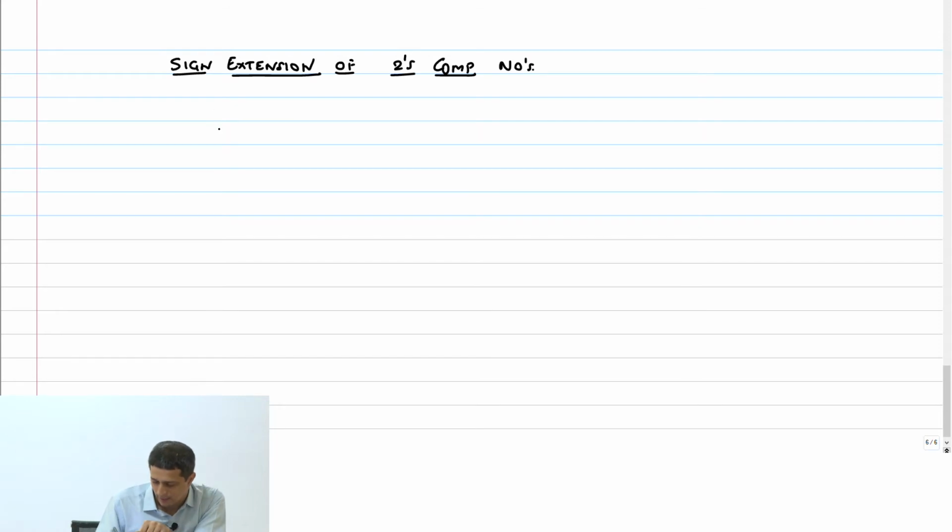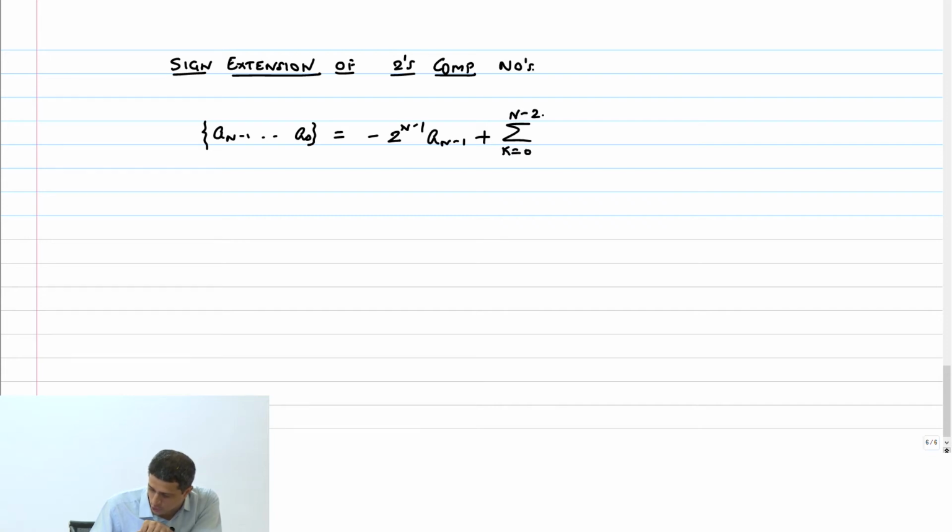Let's say I have a representation a n minus 1 to a naught. The value of A equals minus 2 power n minus 1 a n minus 1 plus summation k equal to 0 to n minus 2 of a k 2 power k.